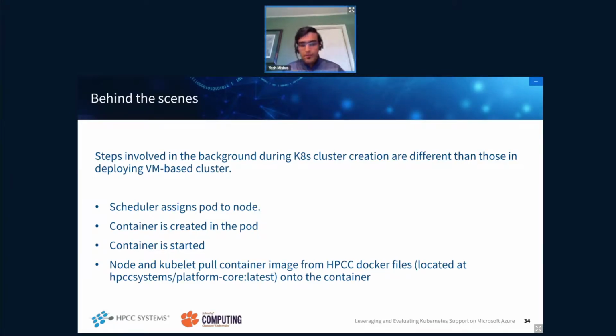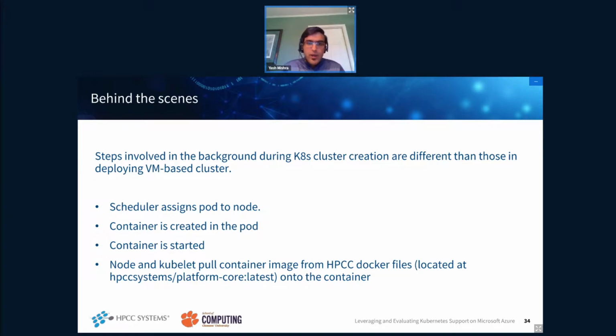Now, with a lot of aspects going on with orchestration and container images deployment, some of the things that happen behind the scenes is that when a deployment is in progress, the Kubernetes scheduler starts assigning pods to nodes. And AKS being a managed service, some part of this is handled by AKS and happens in the background.